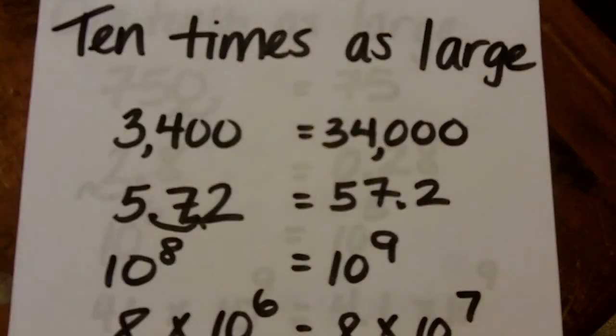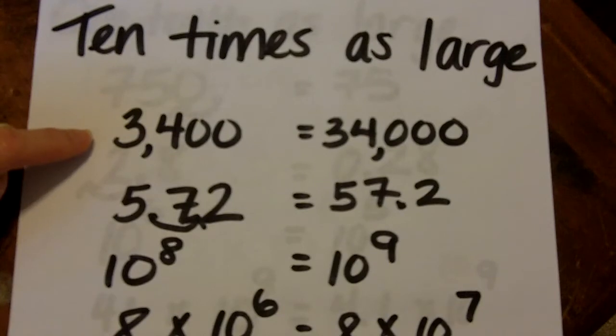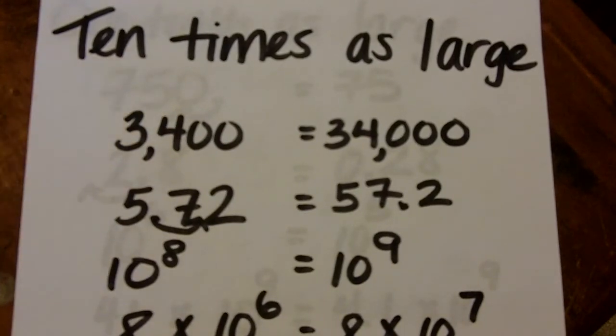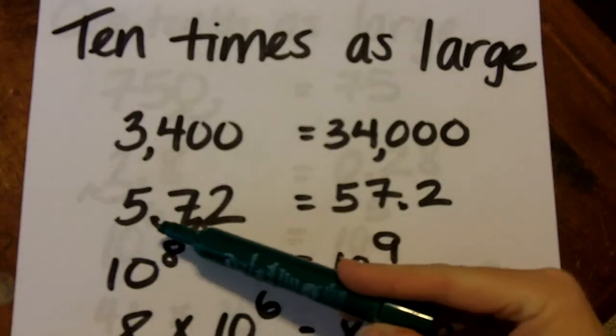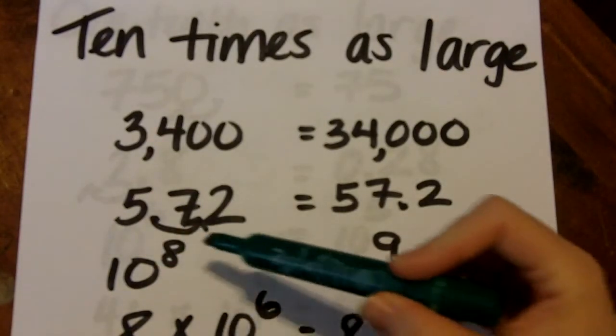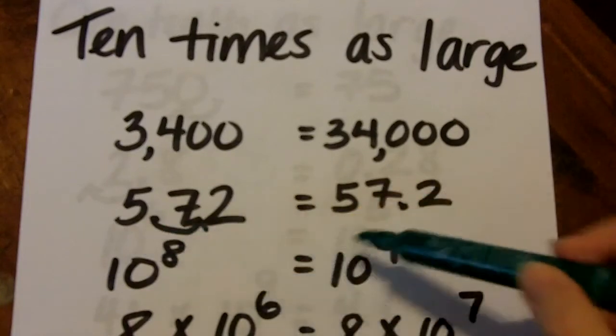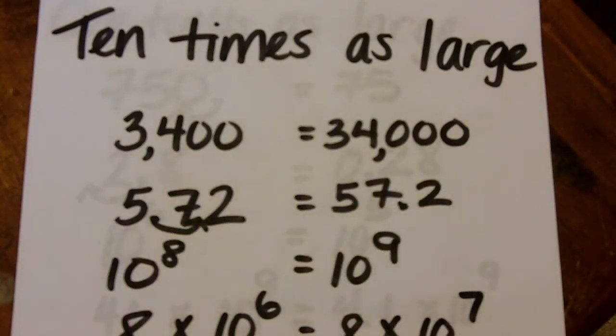It's very important. Your book's going to ask you to create numbers or write numbers that are 10 times as large. Sometimes it will ask you to do 100 times as large. If you did a number that was 10 times as large as 3,400, you could write it in decimal form like that, okay? 34,000. If you had a number that was written as 5.72, to write it 10 times as large, you could write it as 57.2.